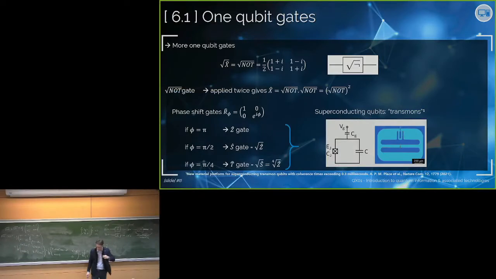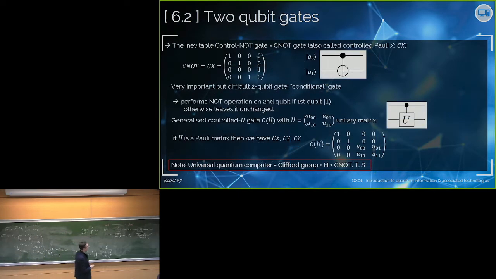But this is just a preview. We will see much later how it works, not in full detail, but to give an idea. The message to take here is that transmons are very good at creating these gates and not so good at creating others.